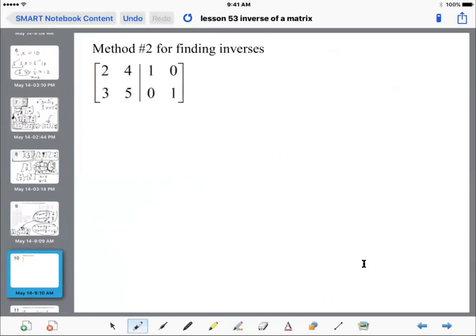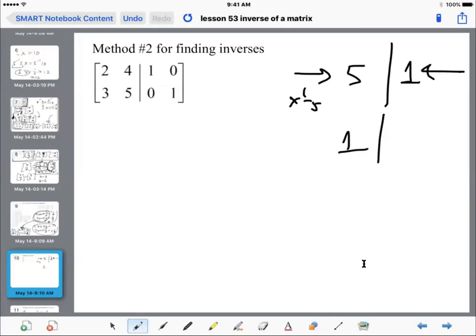The second way works like this. If I had the number 5, and next to it I put the multiplicative identity, and I thought, okay, what do I need to do to the thing on the left to turn it into the identity? And the answer is multiply by 1/5.